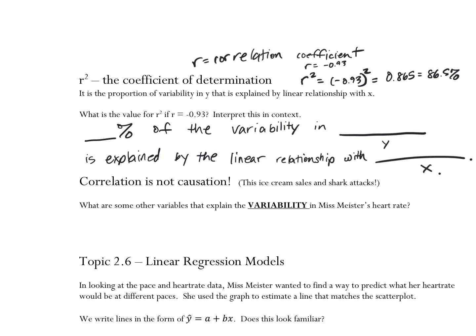So if I want to interpret this in this particular case, we might say 86.5% of the variability in heart rate can be explained by the relationship with pace. Okay.